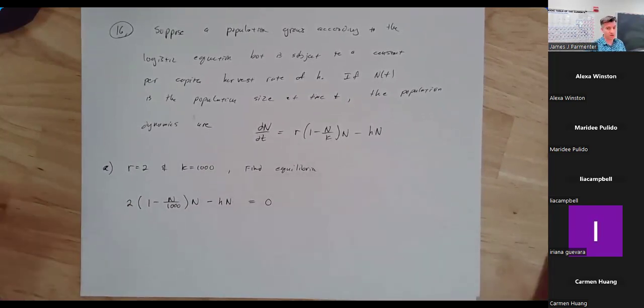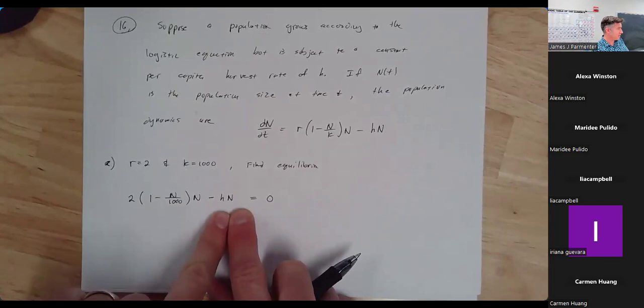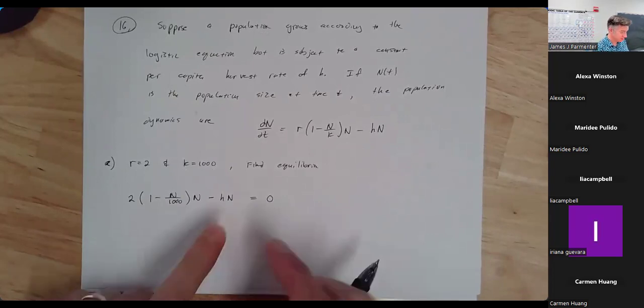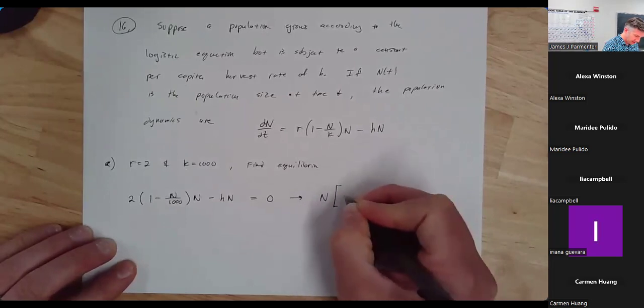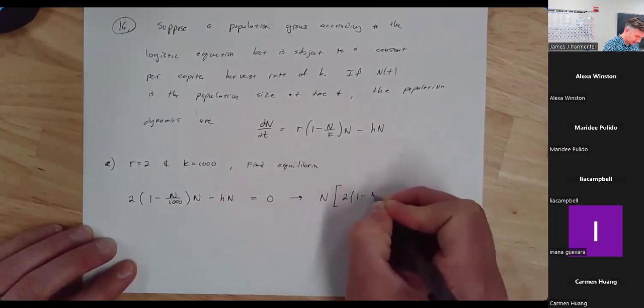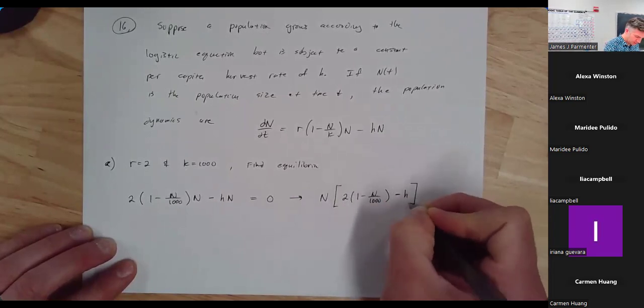And I'm always going to look to factor as much as possible. I'm going to notice that from both of these terms that are subtracted together, I can factor out an n. So if I factor out an n, I'm left with 2 times 1 minus n over 1,000 minus h.